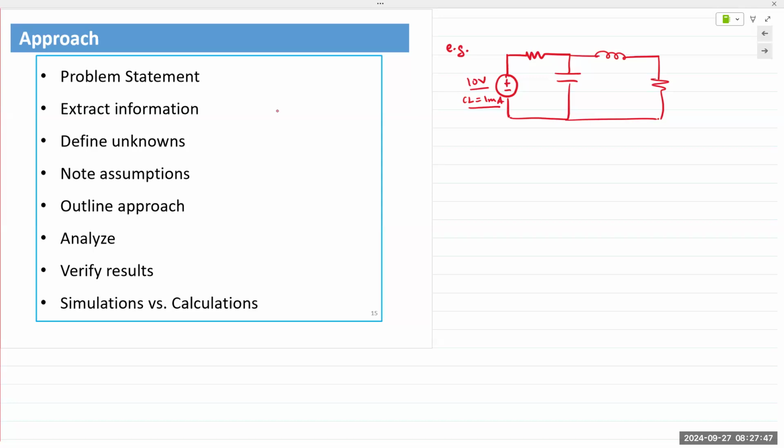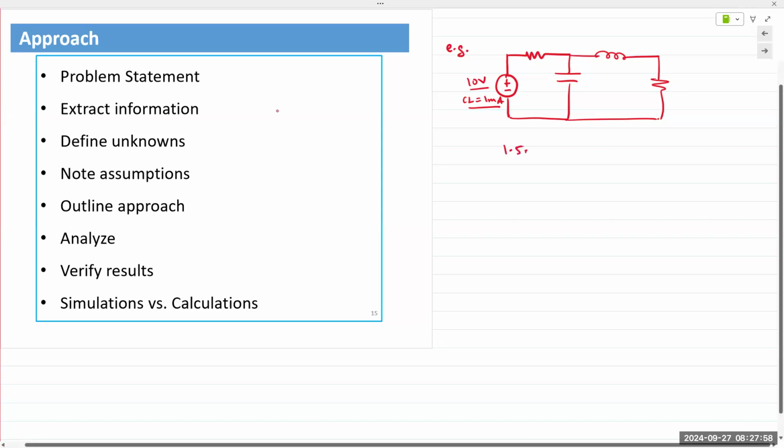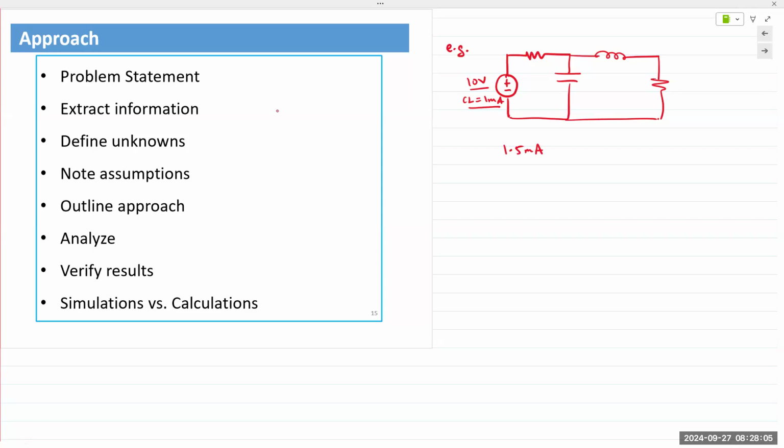All right. You might calculate a current somewhere in the circuit that could be above 1 milliamp, let's say 1.5, right? If you get a result of 1.5 somewhere in that circuit and you miss the current limit, your answer is incorrect. If the power supply can only supply a maximum of 1 milliamp, your answers anywhere in the circuit cannot be more than 1 milliamp.